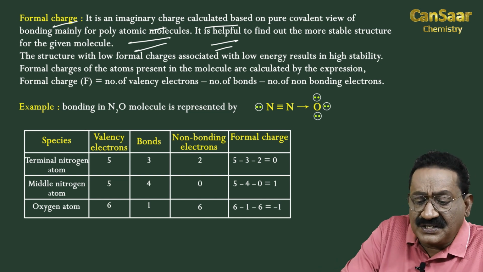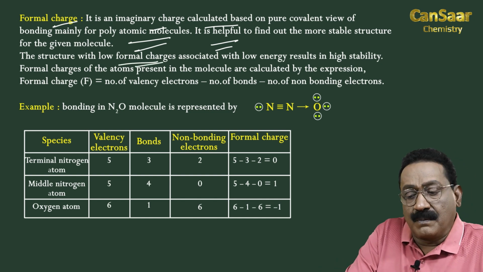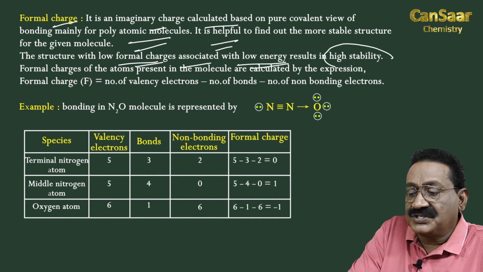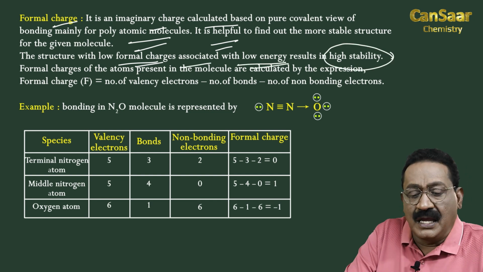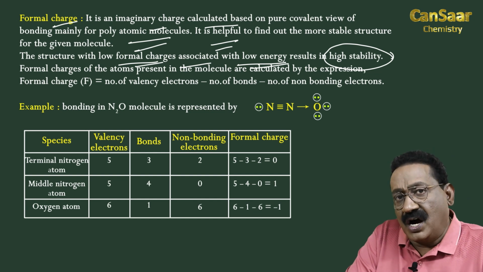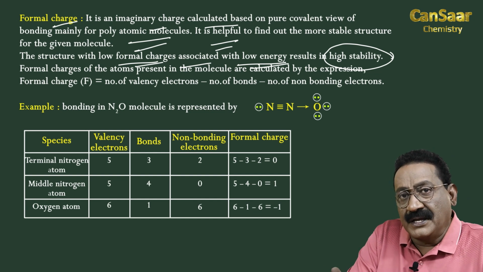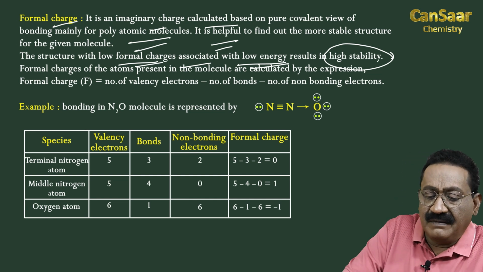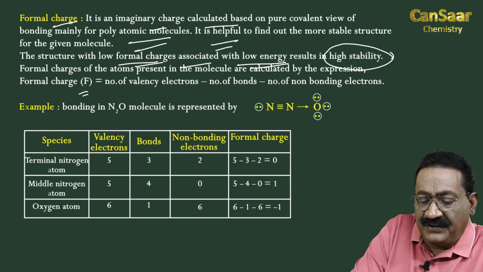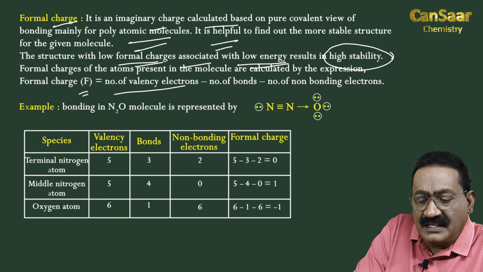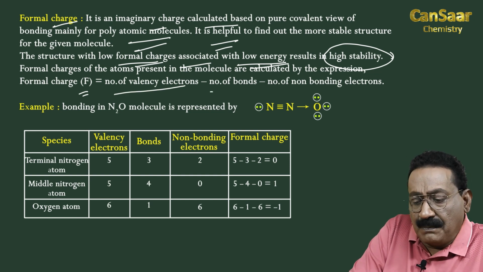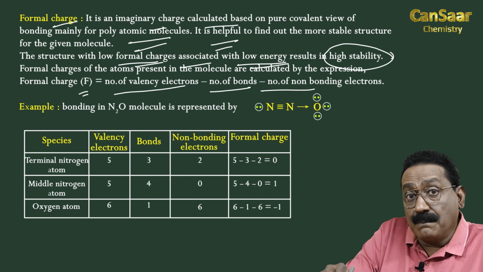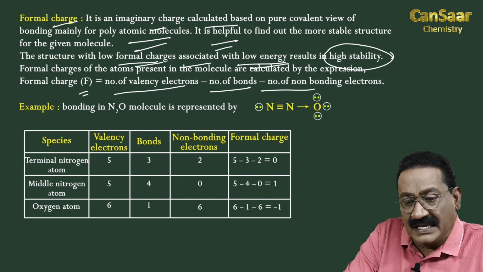The structure with low formal charges possesses low energy, hence it is highly stable. Formal charge F equals the number of valence electrons minus the number of bonds it has formed minus the number of non-bonding electrons it possesses.